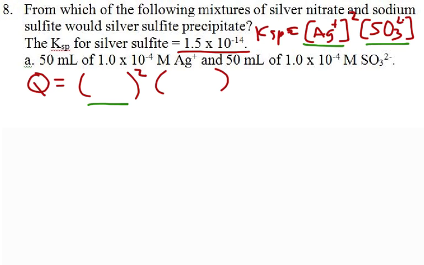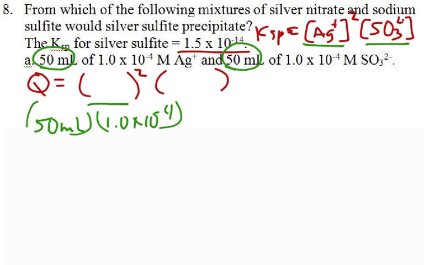And the reason is, if we add 50 milliliters of this solution and 50 milliliters of any other solution, we just double the volume. And if we've doubled the volume, we've diluted our concentration. So to get our value, all we say is we have 50 milliliters of 1.0 times 10 to the minus 4 molar. But since we've diluted, we're going to divide by our new volume, which is 100 milliliters.